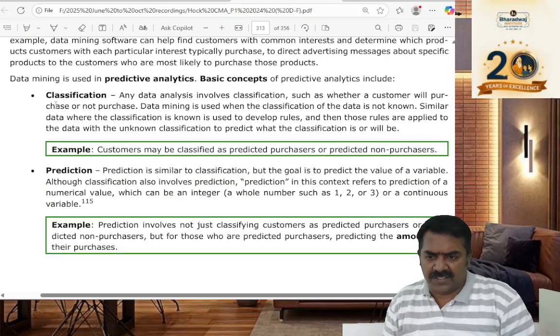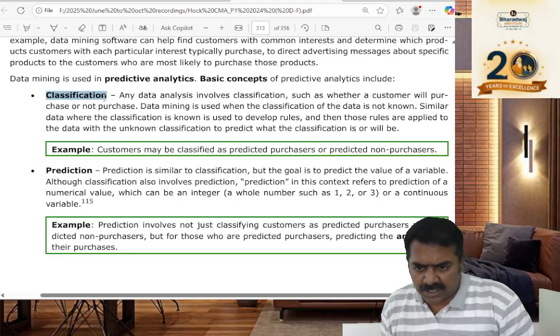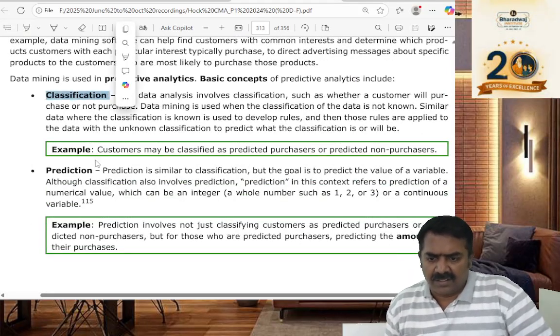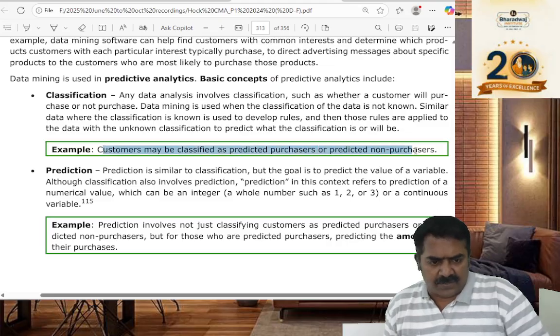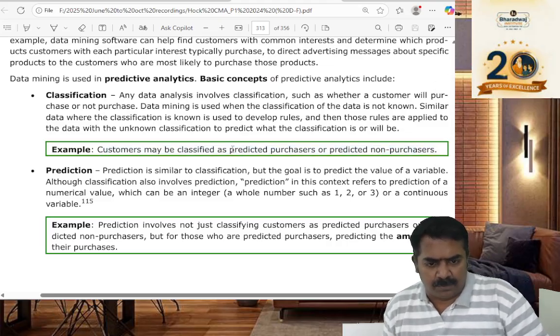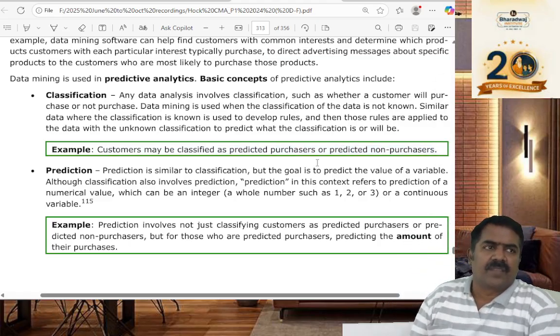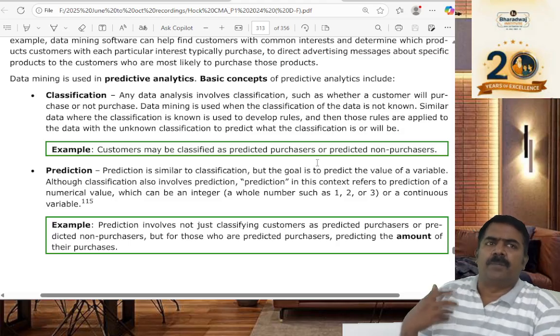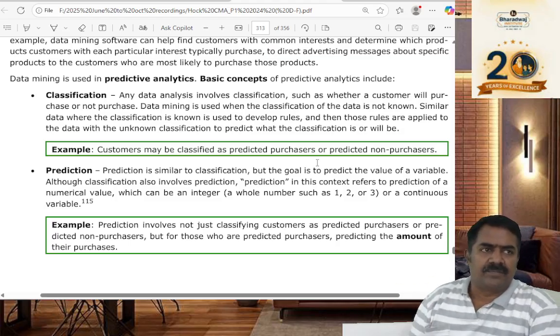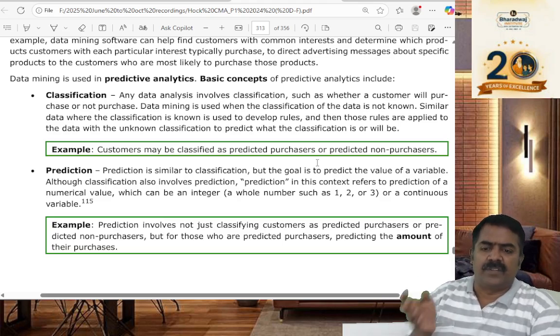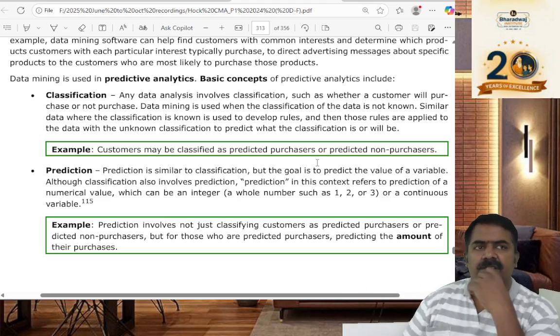First one is classify. Customers are classified into predicted purchasers versus non-purchasers. Will all the people who visit the website buy? How do you classify between predicted purchases and non-predicted purchases?